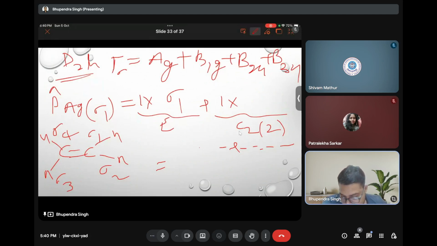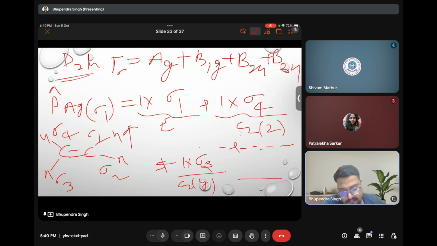Now what will happen by applying the C2z? This sigma 1 will change the position with sigma 4, right? Similarly, 1 multiplied by C2y. What will happen to C2y? This is your y direction. Sigma 1 will change to 3. And then so on and so forth. You can solve.